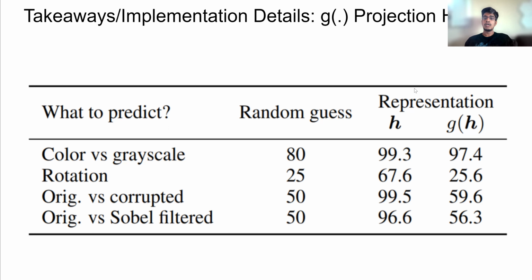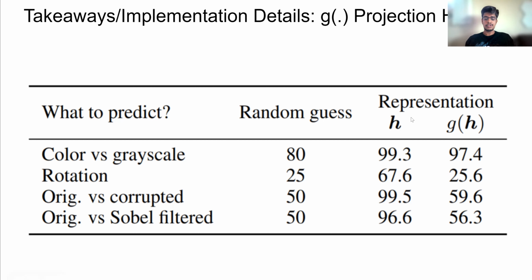So if you had to use just H to learn it, you're going to get a representation that is not useful for further fine-tuning. And this is what they actually show here. If you were to use the output of G of H to simply learn a function to say how much the image was rotated by, or whether it's the original image or a corrupted image, or original image versus color versus grayscale, or original image versus Sobel filtered, since that information is thrown away, the performance is not that great.